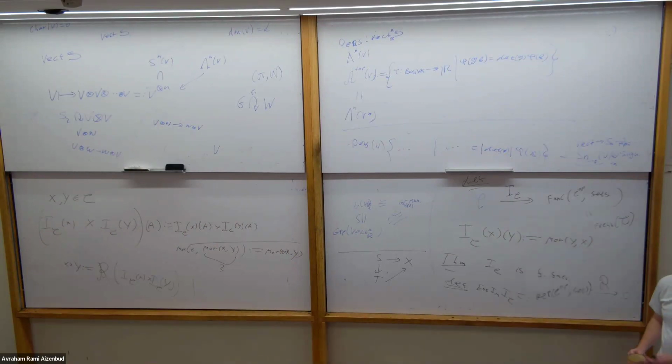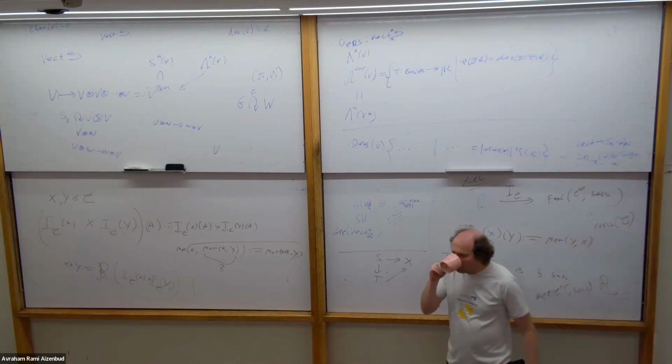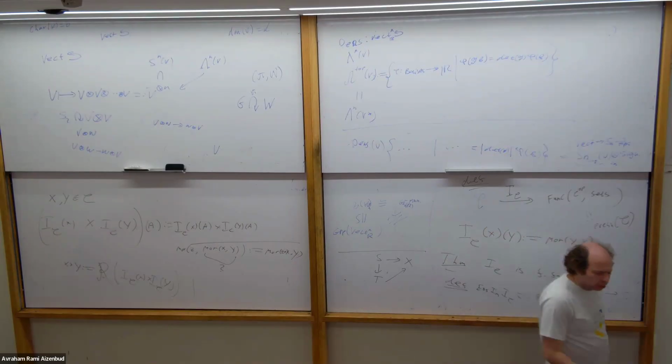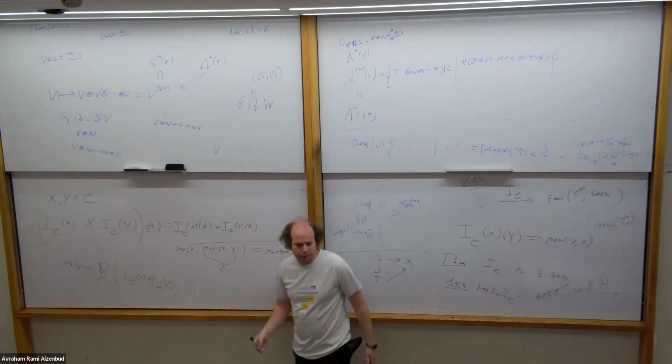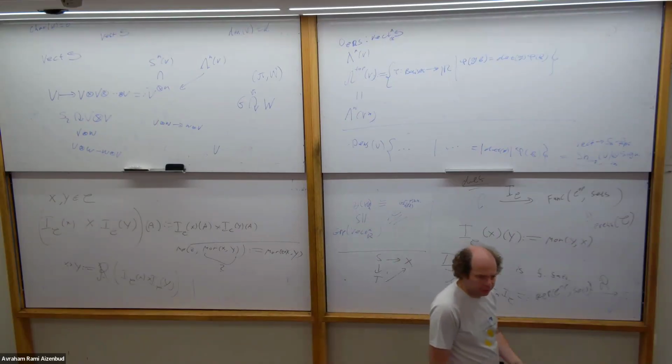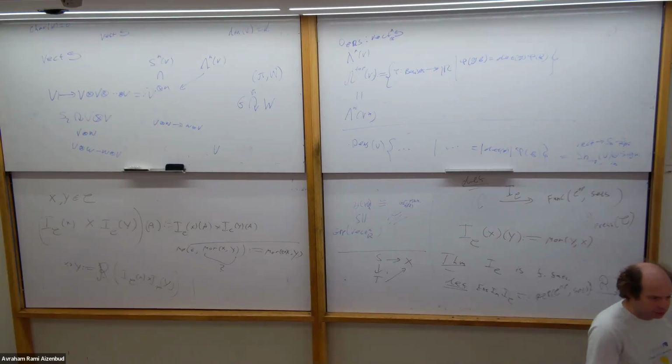And by the way, you can try to do it in any category. It will not always give you the notion of internal hom that you are used to in that category, but you can always try. It's not always representable, and even if it is, you might get the wrong answer.